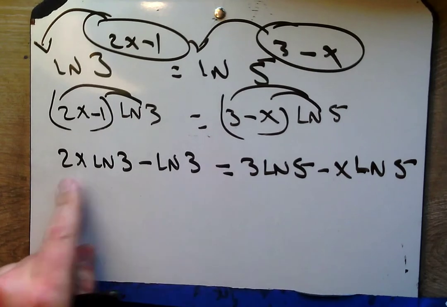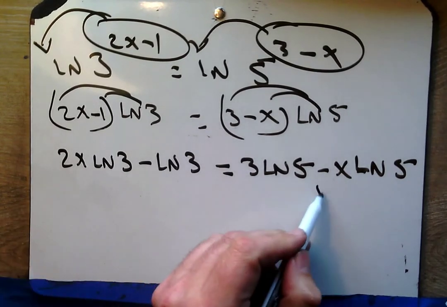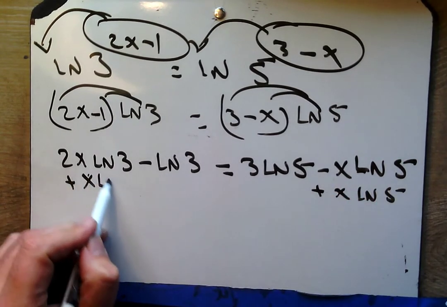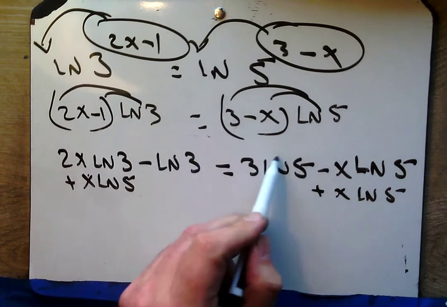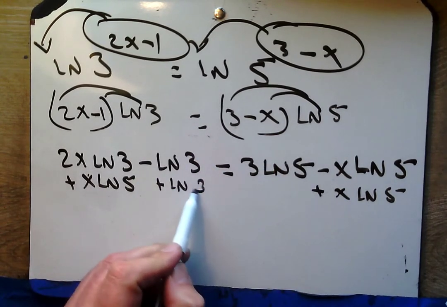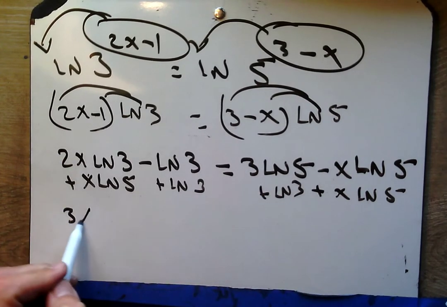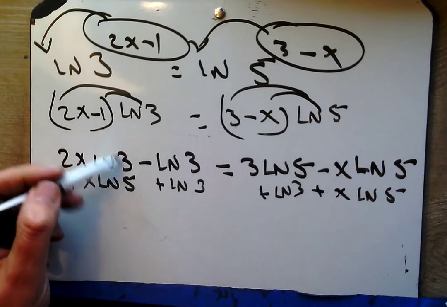I'd like to get the x stuff all on one side. So I'm going to add x ln of 5 to both sides. And I want to get the stuff that doesn't have x's off this side. So now I'm going to have 3x, oh no, these aren't the same.